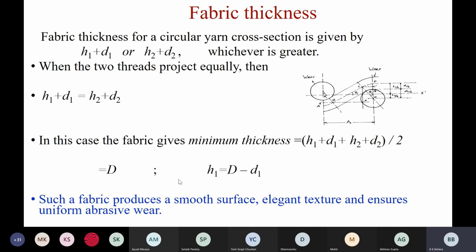It's not that one thread is more projected and another thread is less projected, which gives unevenness on the surface of the fabric. But if all the yarns are projected equally, obviously from the top surface itself, you will find the surface of the fabric is very smooth, or we call it elegant texture. Elegant texture means very smooth, and it ensures uniform abrasive wear.